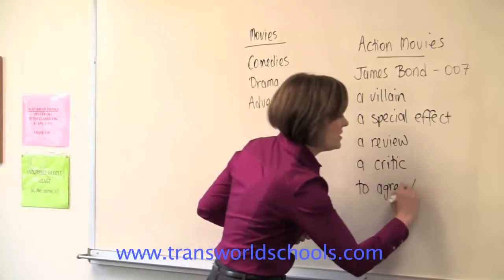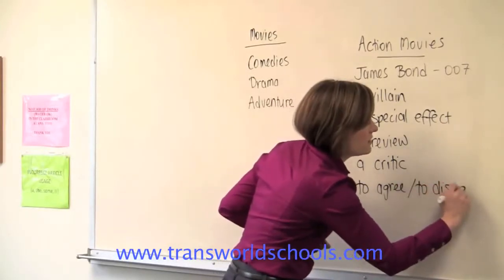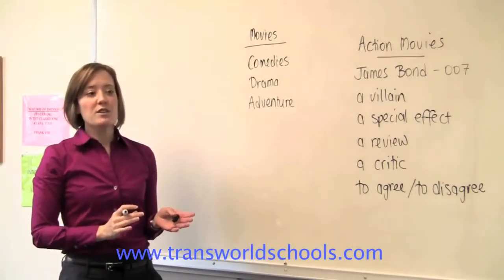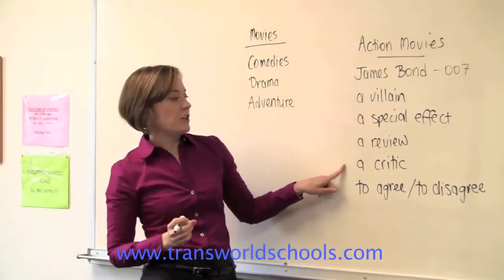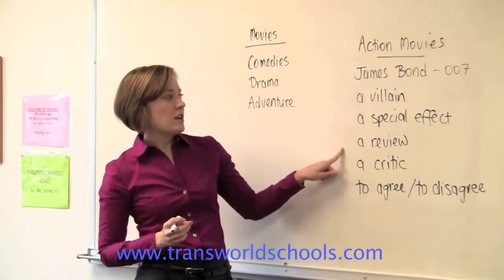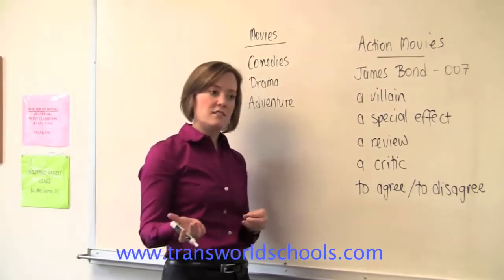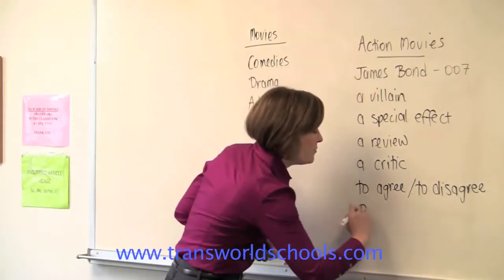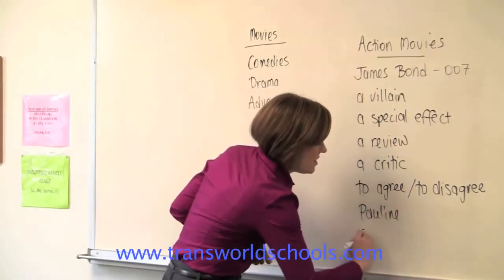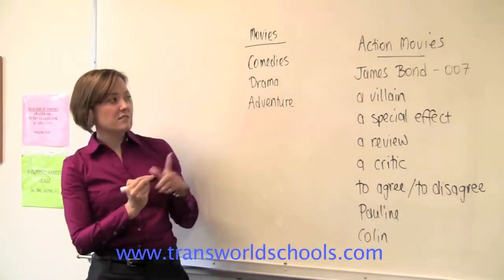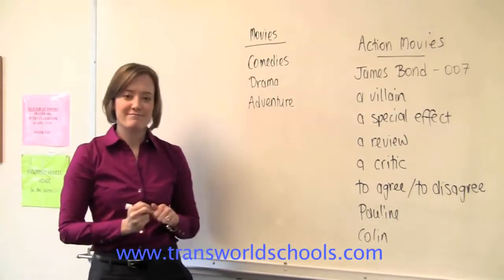Excellent. So today what we're going to do is listen to two movie critics talking about a James Bond movie. Their names are Pauline and Colin. So let's find out what they thought about the James Bond movie that they watched.